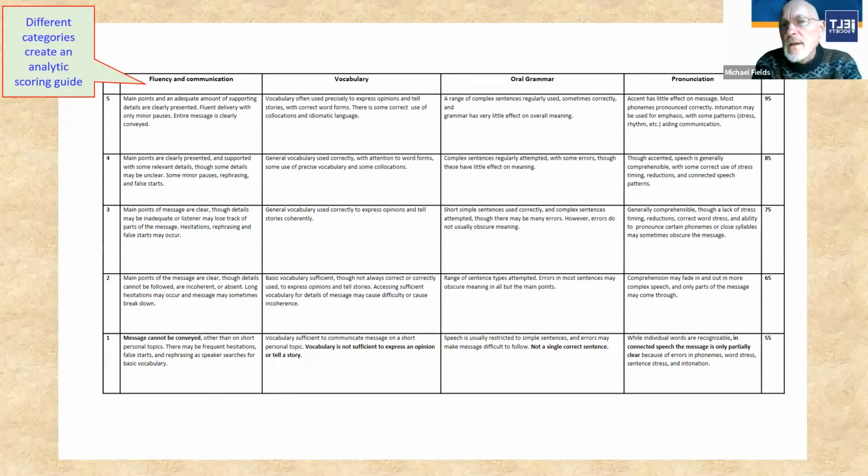So when we're evaluating a student as he's giving you a language sample, we're not just focusing on the pronunciation and not paying attention to anything else, or just focusing on their oral grammar, which wouldn't be fair because it's not looking at the whole construct. So this is really giving us a broader view.